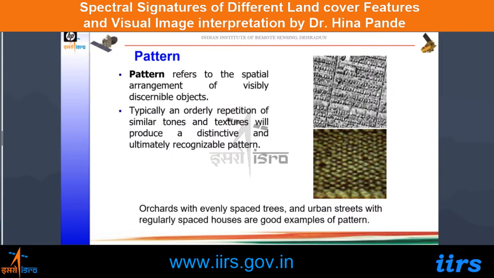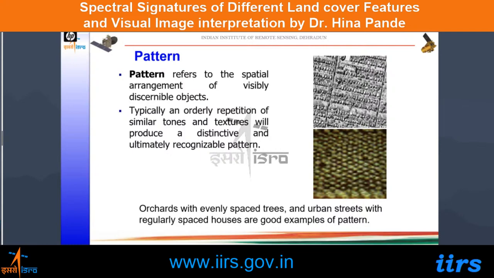So these will help us distinguish between these features, even though other elements of interpretation would be similar. For example, if tone is similar in orchard and forest feature, the pattern will give us a clue to be able to distinguish this.